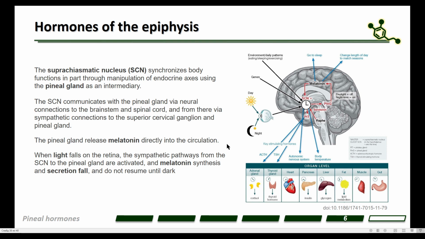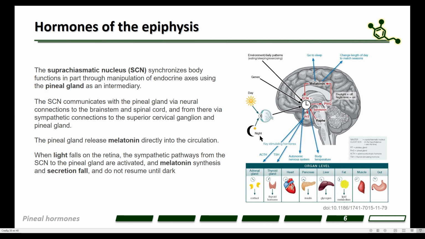So how is secretion of melatonin regulated? If there is light coming to the retina during the day, the sympathetic pathways from the suprachiasmatic nuclei to the pineal gland will be activated, and melatonin synthesis and secretion will fall until dark.